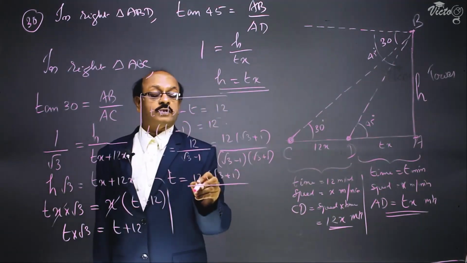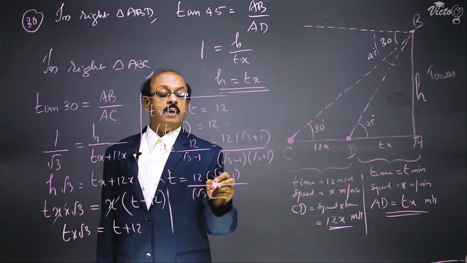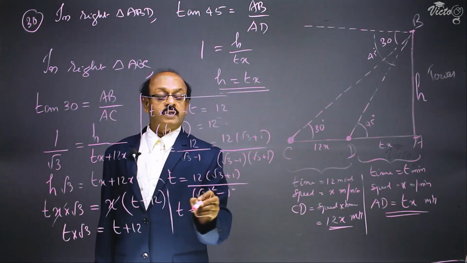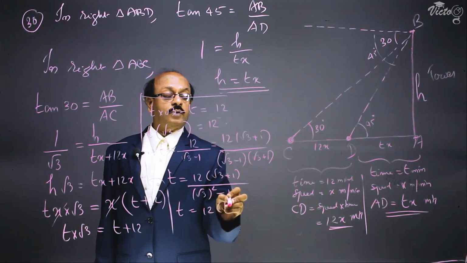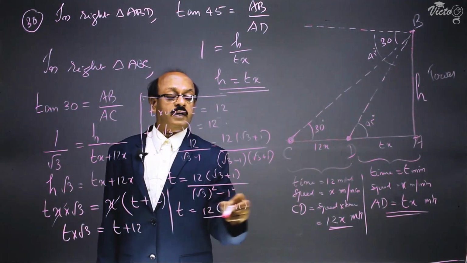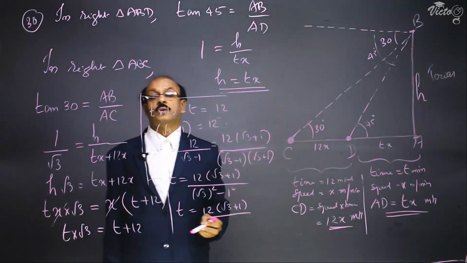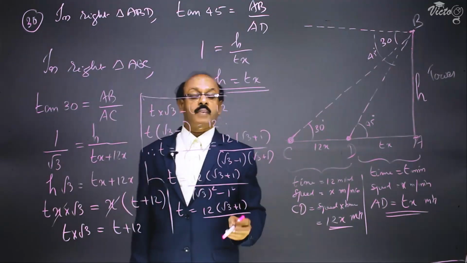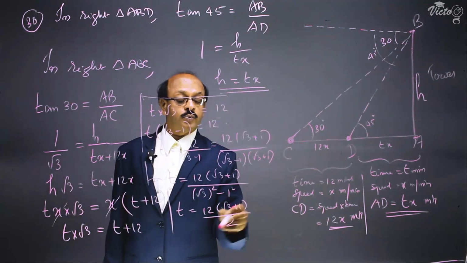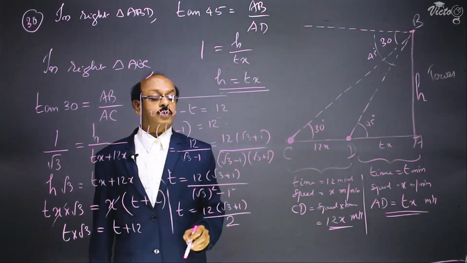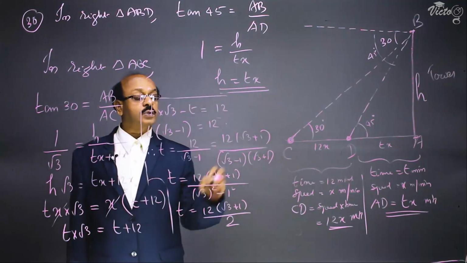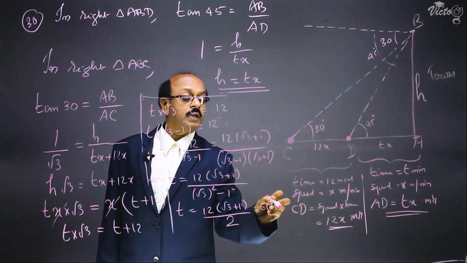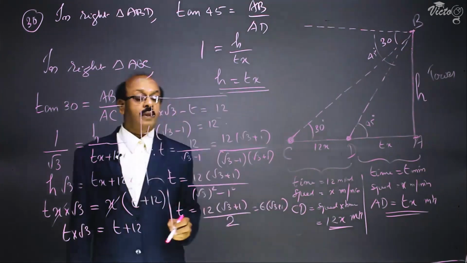So here it is root 3 square minus 1 square. Root 3 square is equal to 3 and 1 square is equal to 1. Therefore, 3 minus 1, which is equal to 2. On cancelling, 12 by 2, which is equal to 6 into root 3 plus 1.